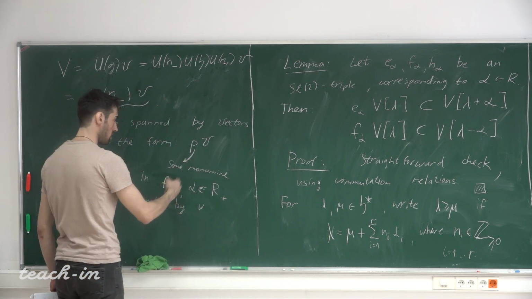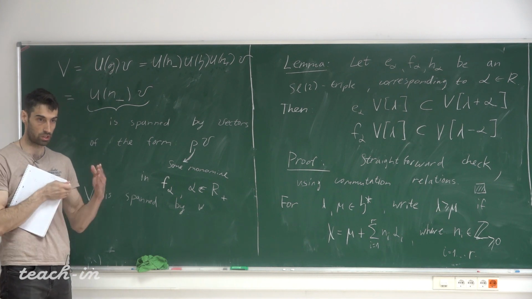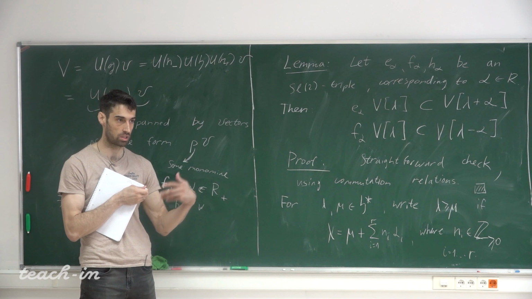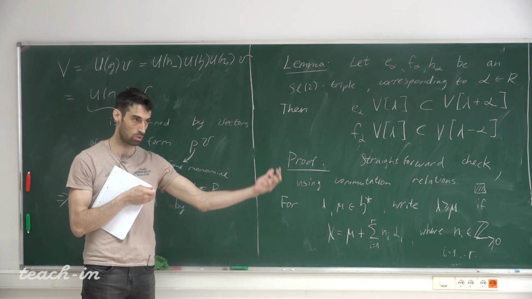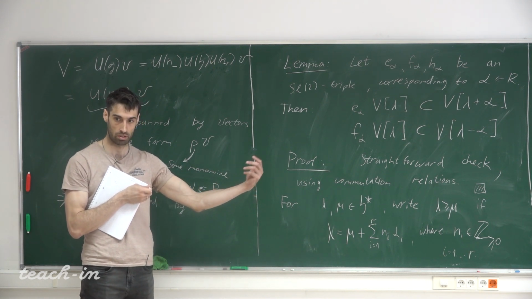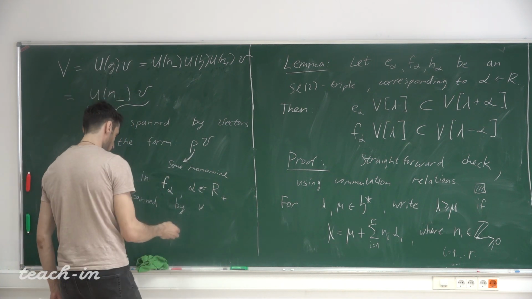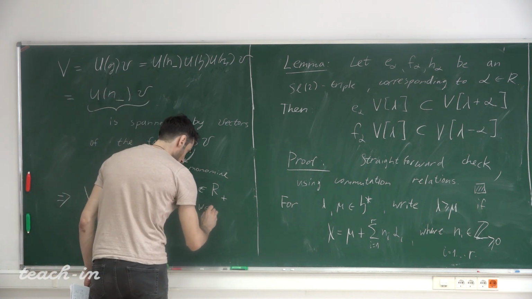Each vector like this is a weight vector. V was a weight vector. When I apply F, it is also a weight vector, but of some different weight, which is smaller than lambda. So V is spanned by weight vectors.